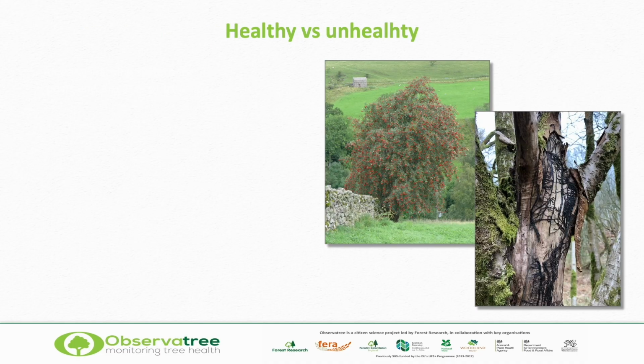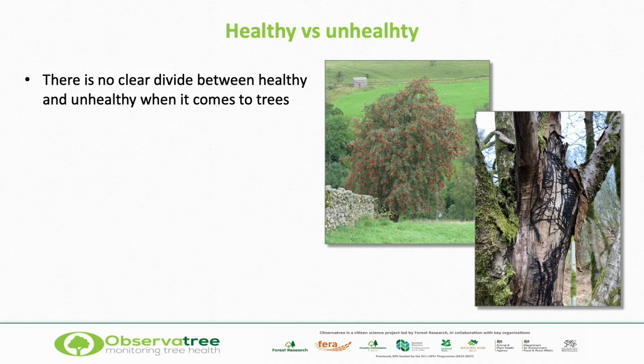This is the big question, and you're probably going to throw things at the screen because there's not a black and white yes/no answer here. There's no clear divide between a healthy and an unhealthy tree, okay?